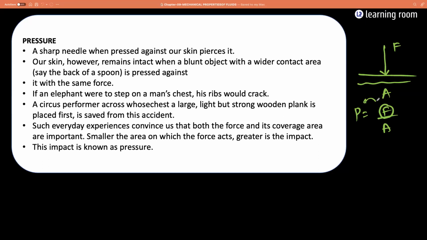It is always the perpendicular force per unit area that you need to take into consideration. The perpendicular force is called thrust, so thrust per unit area, where thrust is the perpendicular component of the force, is what we call pressure.